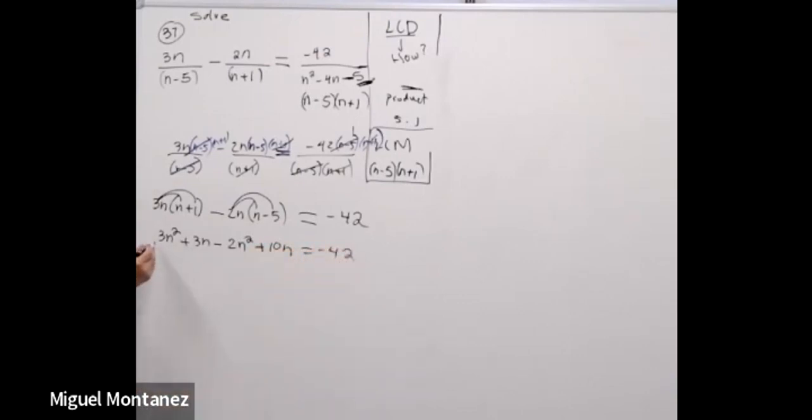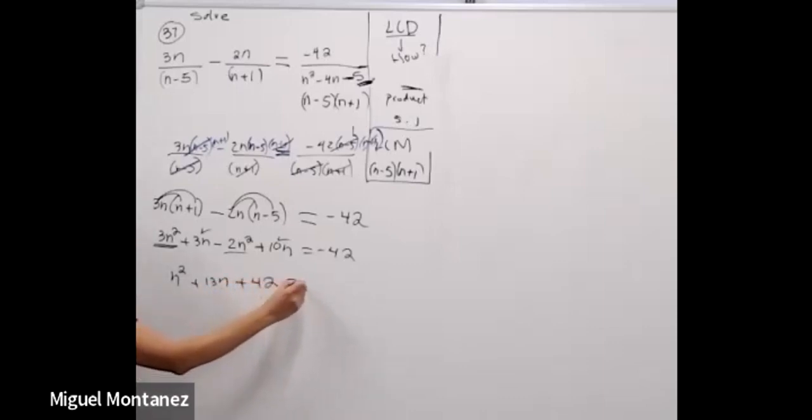Combine like terms. 3n squared minus 2n squared will be 1n squared, 3n plus 10n, 13n, exactly. The 42, what do we do? It'll go to the other side, so it'll be positive. Positive 42 equals 0. And hopefully we're able to factor. If not, then we use the other techniques, right? Complete the square, quadratic formula, and so forth.